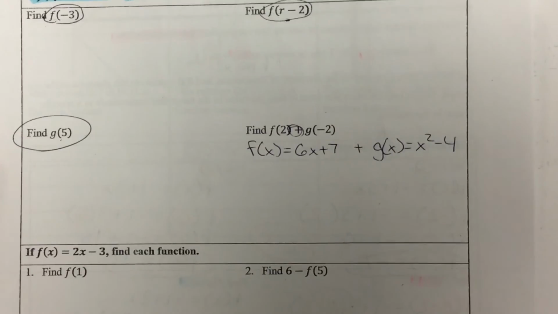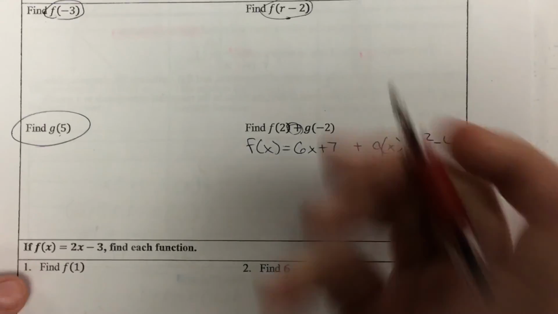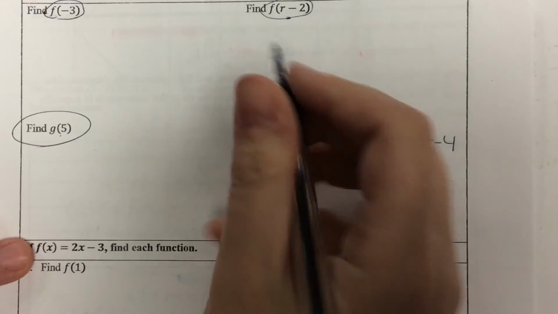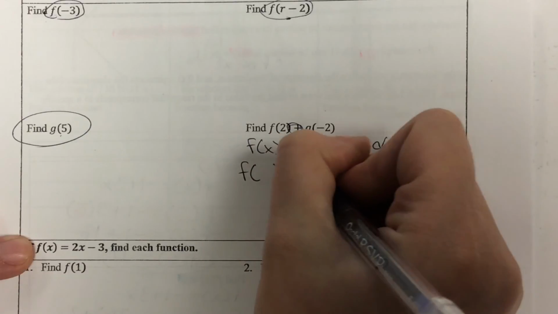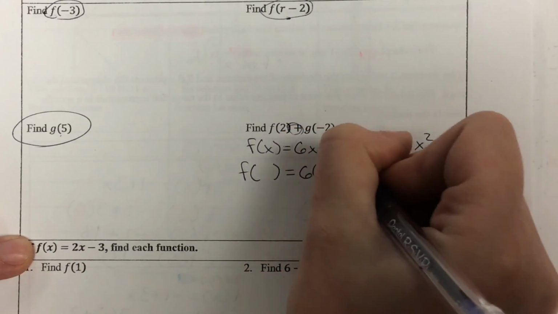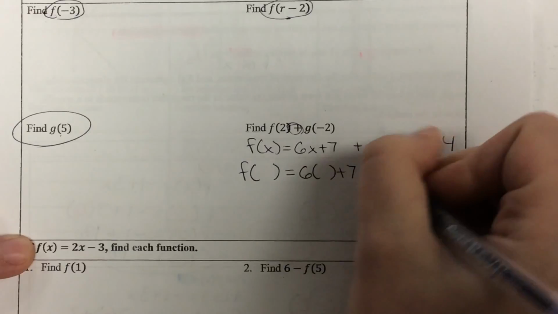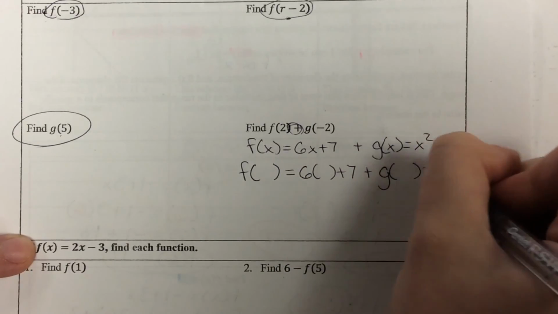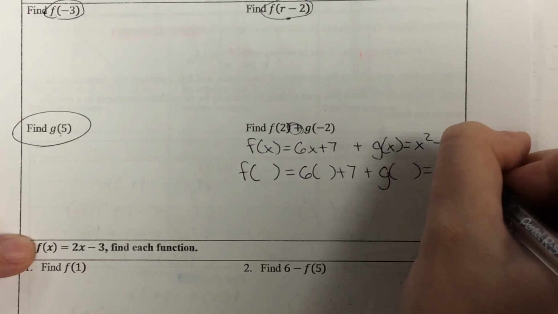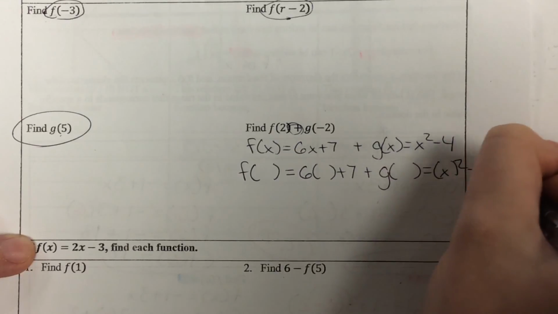So let's do some plugging in. We have f of something equals 6 times that something plus 7. And then we have g of something equals that something squared minus 4.